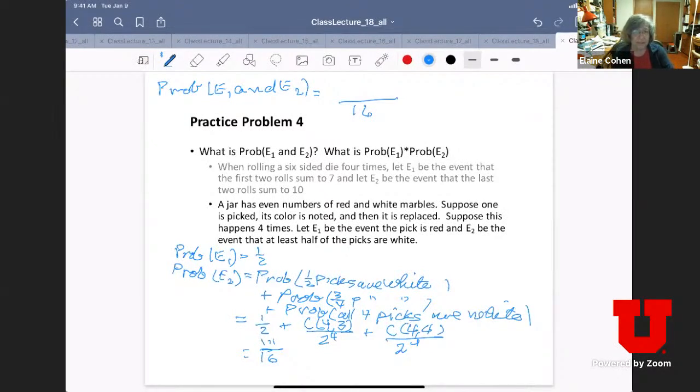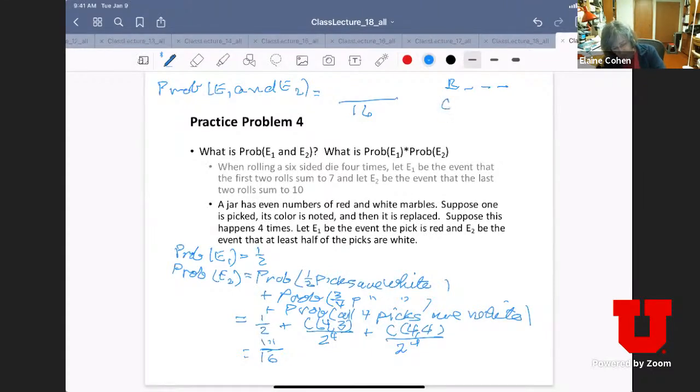That's our total sample space. Now E1 and E2, let's see, if it's E1, this is red. Now how many ways can I get the next 2 out of 3 to be white?